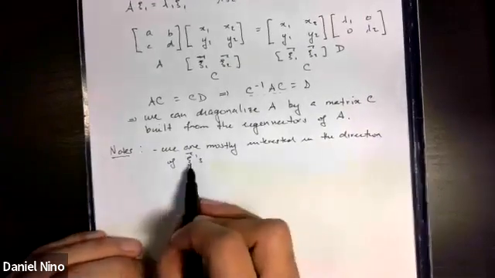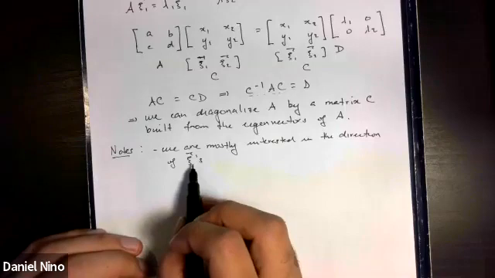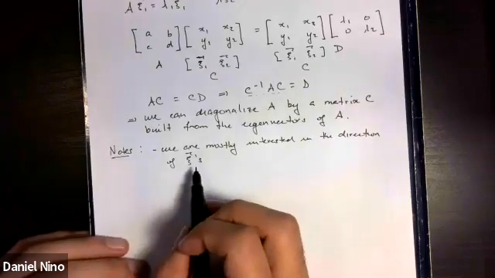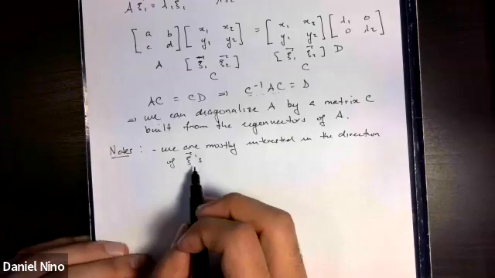And this is the reason why, amongst the infinitely many solutions that we can have for eigenvectors, we can narrow it down to one by normalizing each eigenvector.